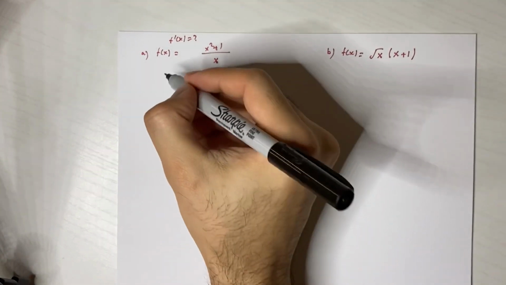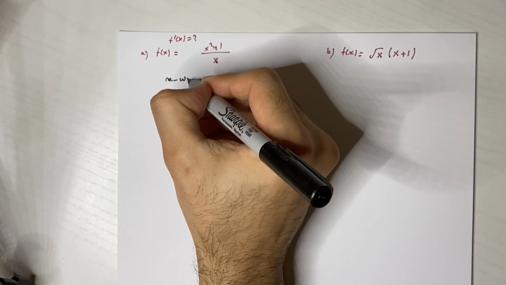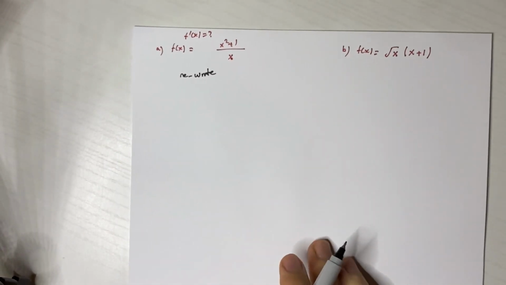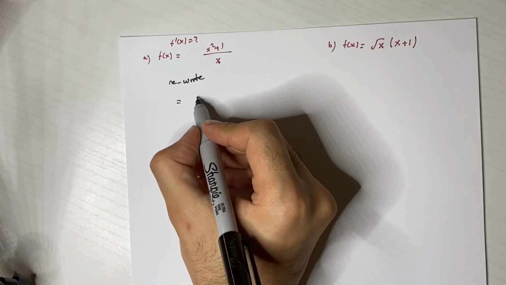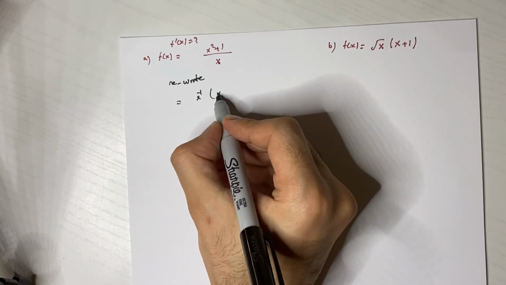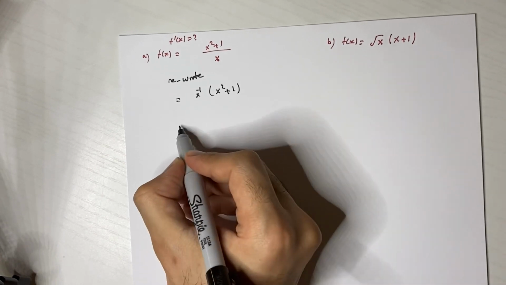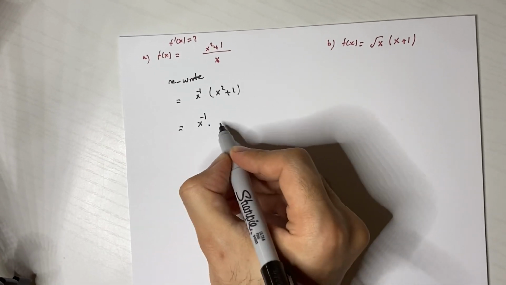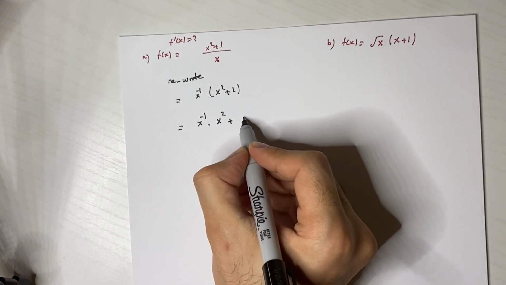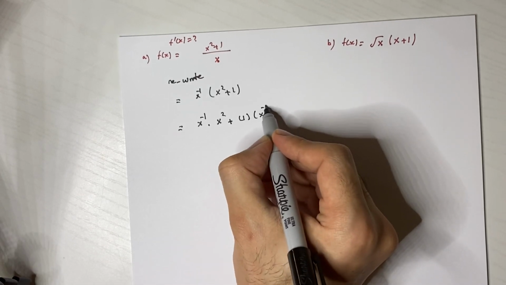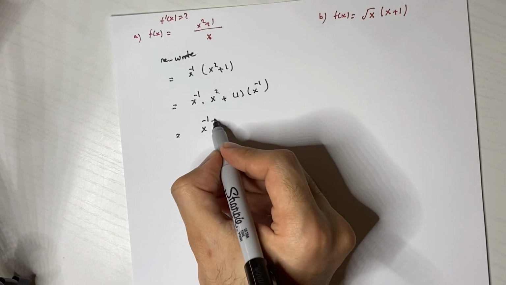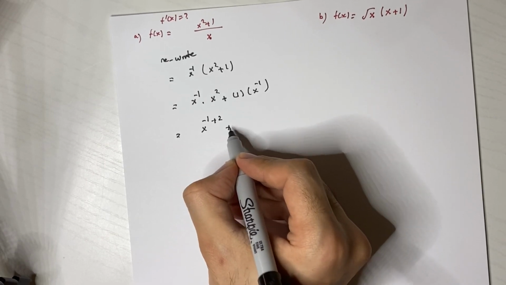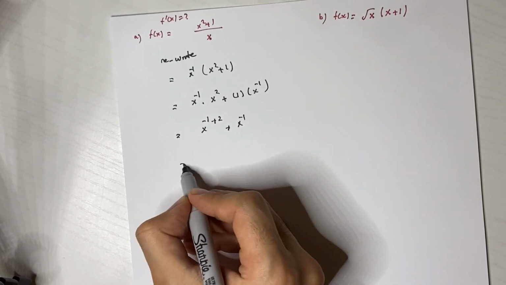This is the same thing, so we want to find the first derivative. First we need to write this so we can use the power rule. So we bring x to the top, and then we multiply the x. When we multiply the x, we sum the powers.